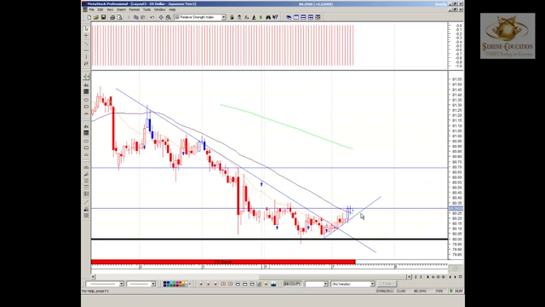Otherwise, we're going to see another attempt at the 8200 mark, because we've been there just recently. So keep that in mind. As it stands now, we need to see a confirmation break above this to see extensions to the upside. CTC will probably go blue across the board if this comes about, but until such time, just wait, take your time, and wait for the price to do its thing before we actually get involved.